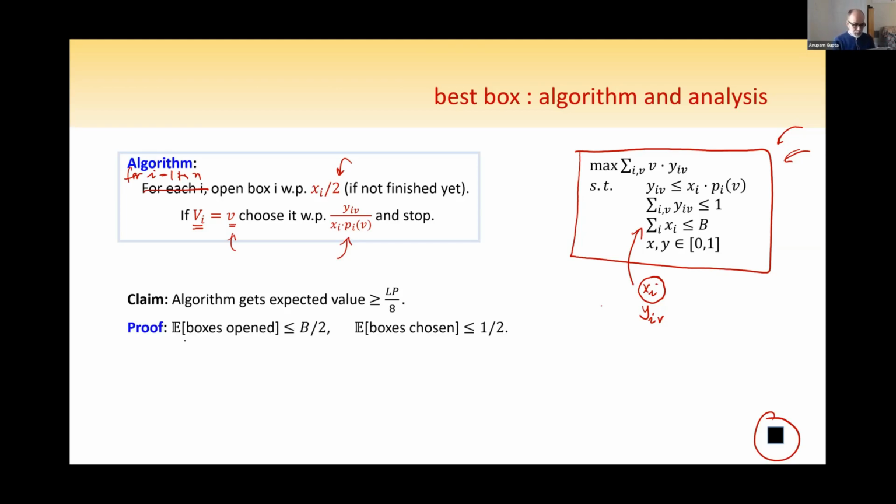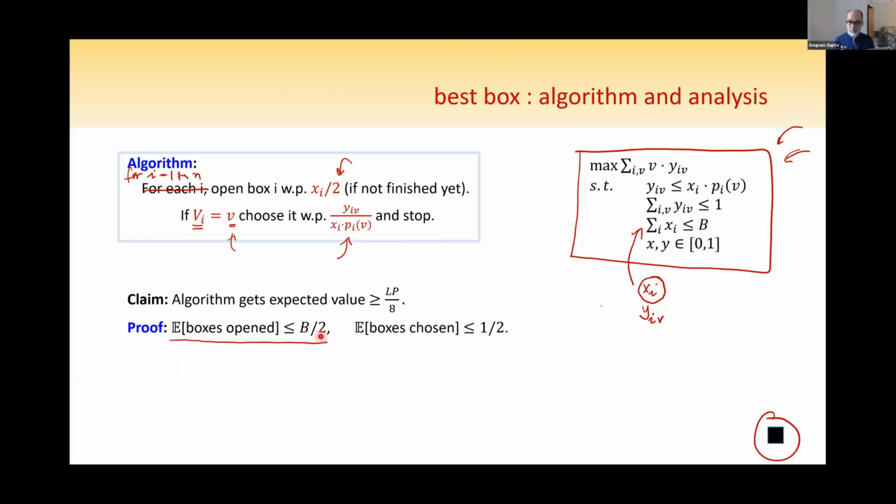One thing to note is that the expected number of boxes I open is b over 2. Why? Because of this constraint. I open box i with probability xi over 2. The xi's sum up to b. So the expected number of boxes I open is b over 2.